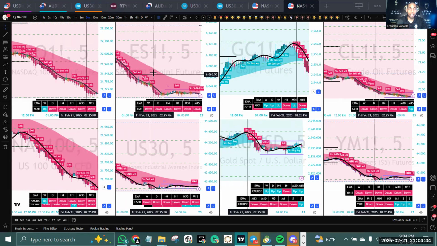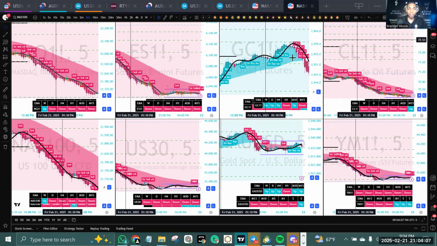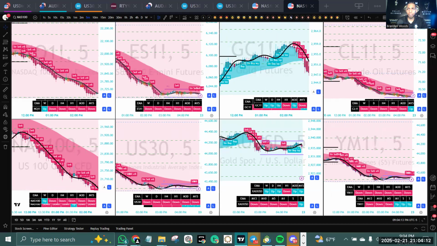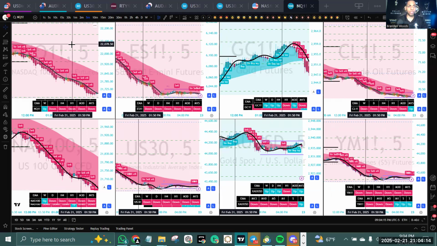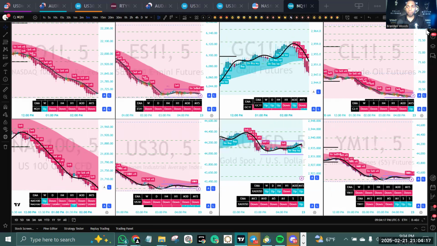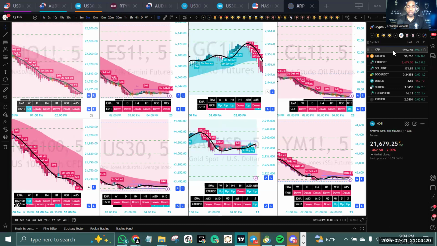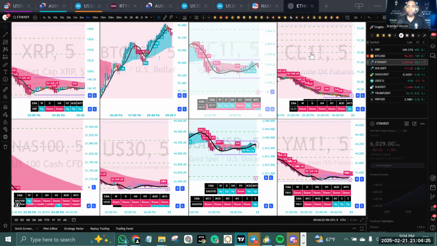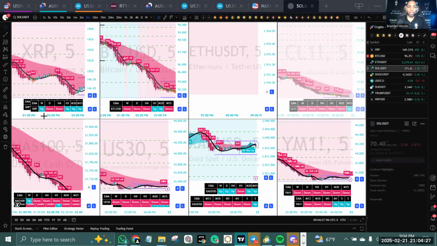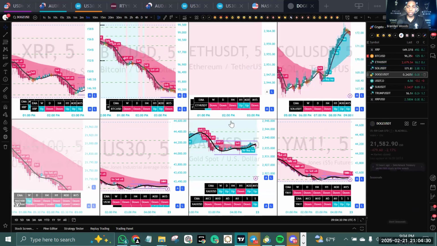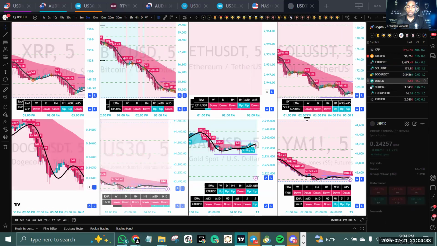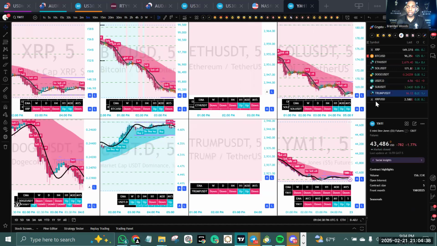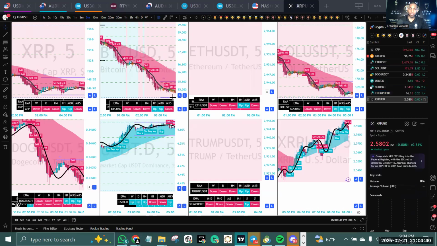So if we're looking at it daily for the crypto, right? I think this is still in, I'm sorry, these are still futures. So if we're going crypto, we can just see what XRP looks like, Bitcoin, Ethereum, Solar, Doge, USDT, Trump coin, and Ripple, right?